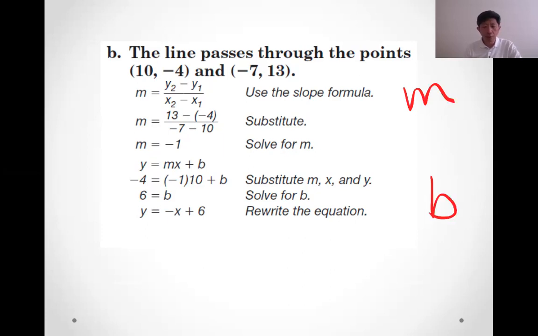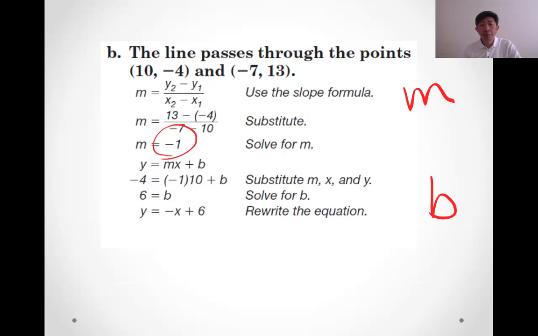Now find the slope using the slope formula: rise over run, 13 minus -4 over -7 minus 10. So we simplify this, our slope is -1.